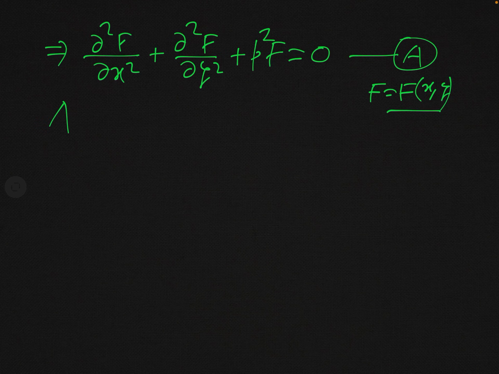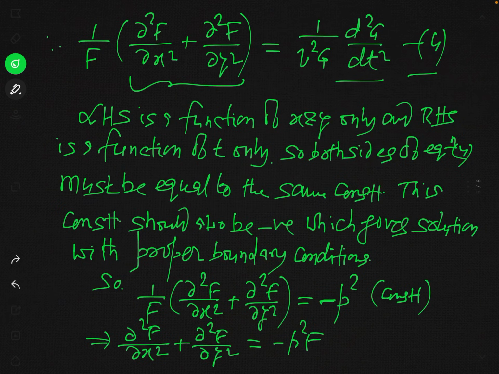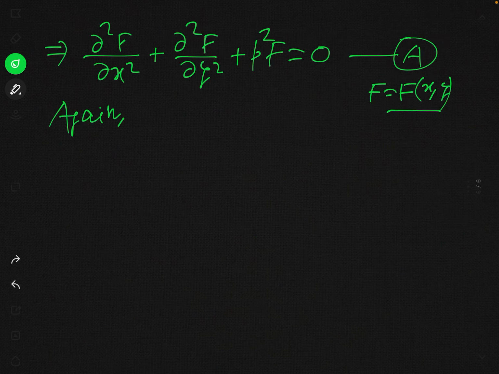Now again, you can write the RHS of the equation equal to the same constant. In the RHS of this equation there is 1 over v square g d2g by dt square, and that should also be equal to minus p square.